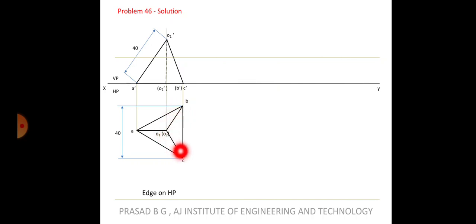These edges are already inclined. So you will not get the true length here. The only edge that is parallel to the XY line is OA. That means OA shows the true length. So only OA will be properly 40 in the front view because it is parallel. These are inclined.